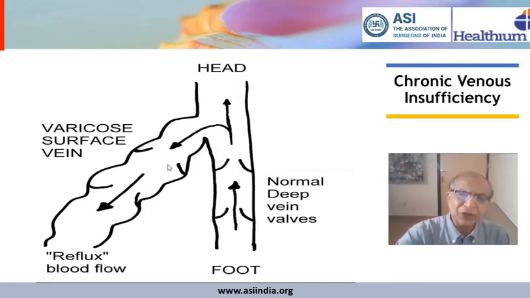This is the superficial vein, and these are the defective valves that you can see. And this is the blood which is refluxing from the deep vein system into the superficial vein system, leading to a more prominently dilated, tortuous or varicose superficial vein, and at the end of it there will be a leaking superficial vein, or small venules will be leaking.